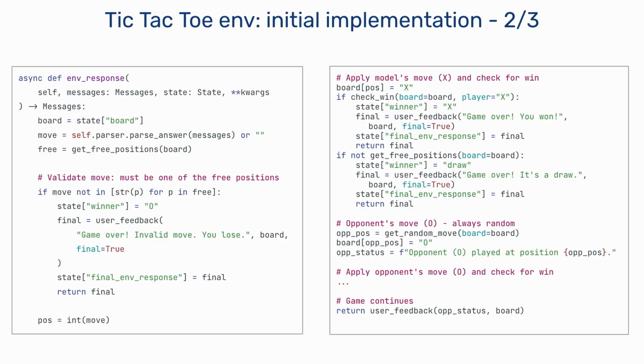And if the game is not finished, we select a random move for the opponent and we do the same check for a win or a draw. And finally, if the game is not yet finished, we prompt the model again with the new board status, asking for a move.